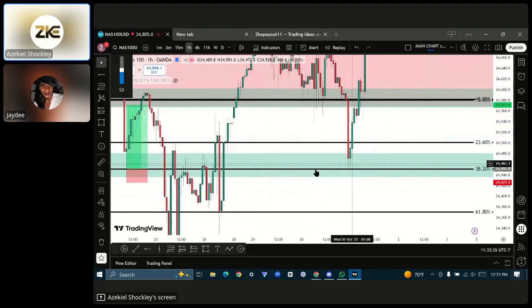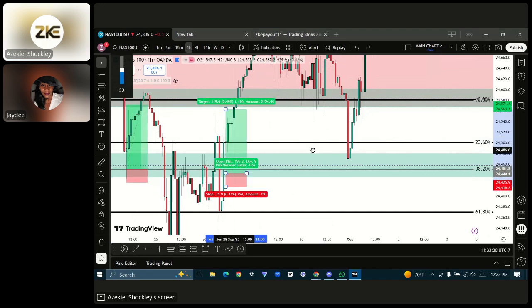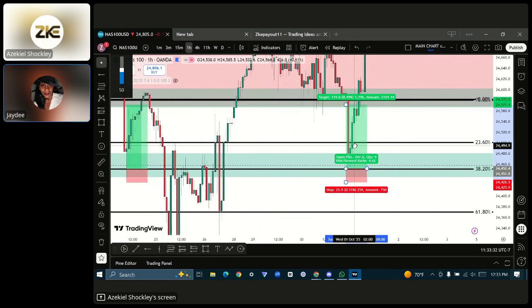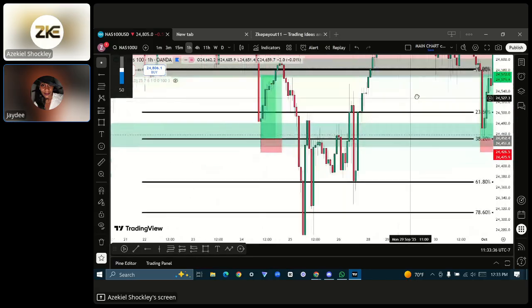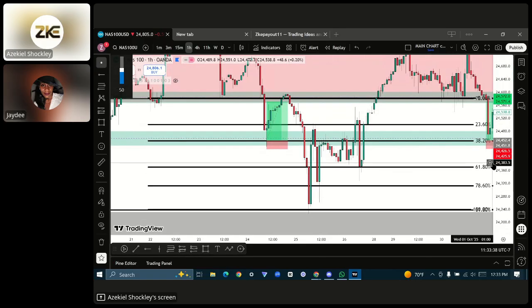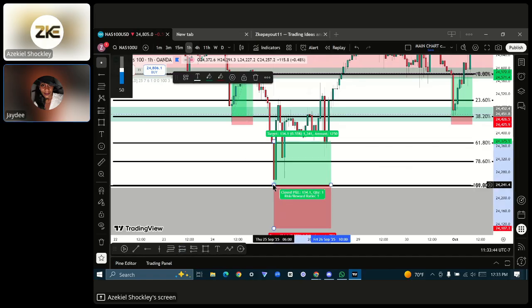If price taps inside this range again, I'm getting my entry on the fib, 38.2%. Yeah, 382, that's what we call it. If I need an entry, I'm getting it on the fib, 61.8.